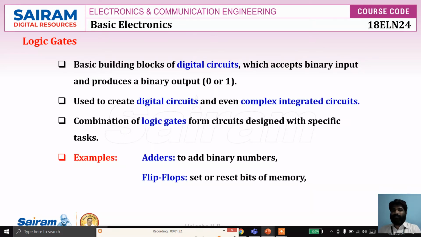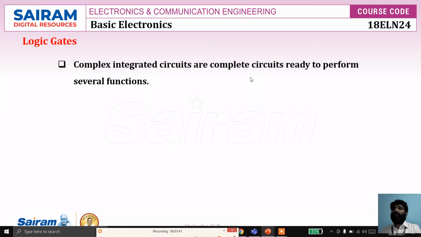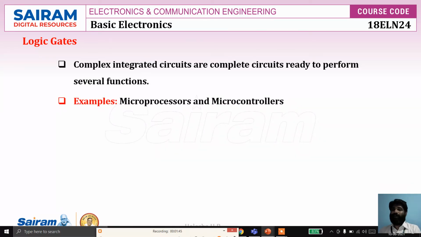They are digital circuits, specifically complex sequential circuits. Again, they are designed with logic gates.